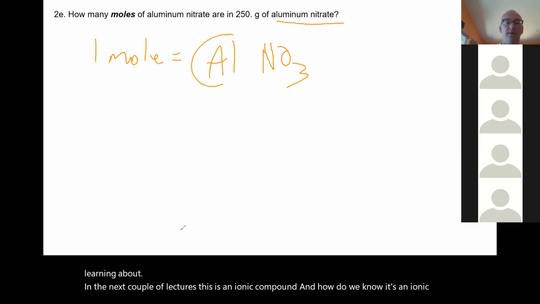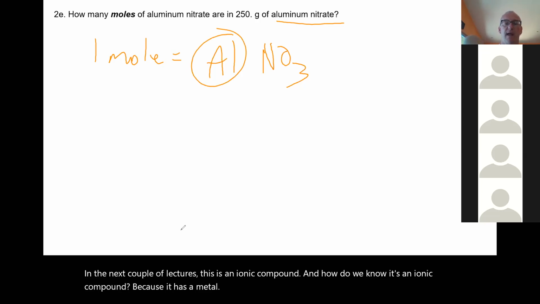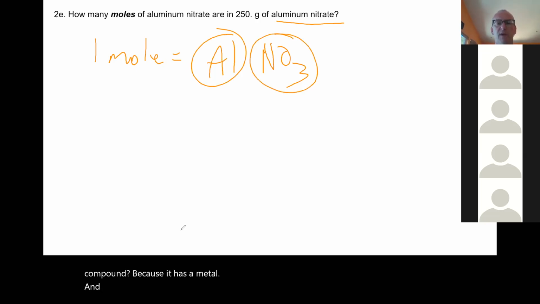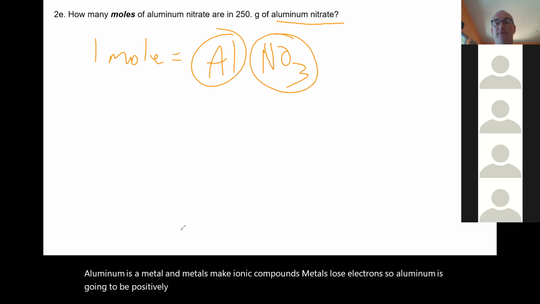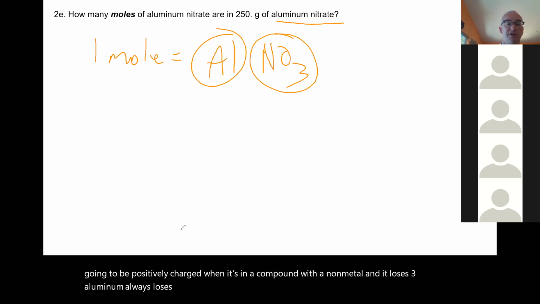Because it has a metal and a non-metal. Aluminum is a metal, and metals make ionic compounds. Metals lose electrons. So aluminum is going to be positively charged when it's in a compound with a non-metal, and it loses 3. Aluminum always loses 3 electrons. So the charge on aluminum is going to be +3.